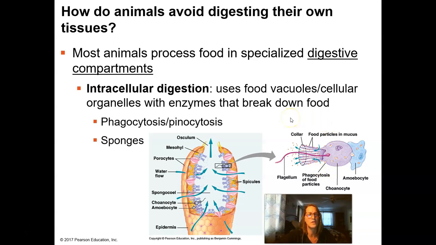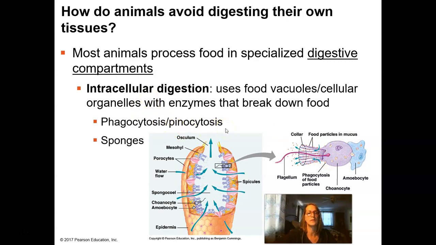I don't know if you guys know what phagocytosis is, but phagocytosis is basically the surrounding of food particles into little vacuoles. Once it's in the vacuoles, they can contain some enzymes that help it digest the food, and that's the way that there's intracellular digestion in sponges.